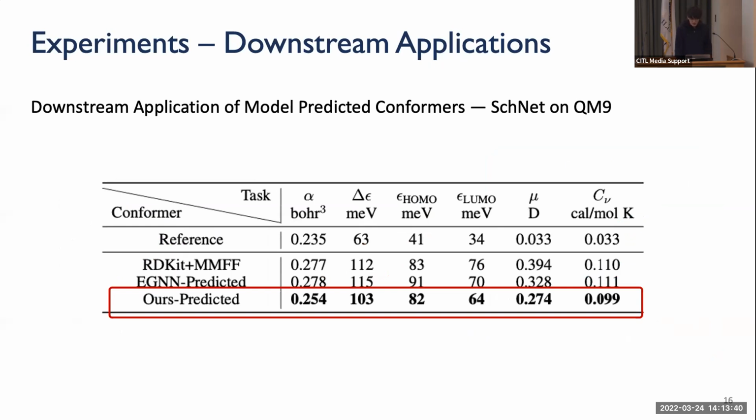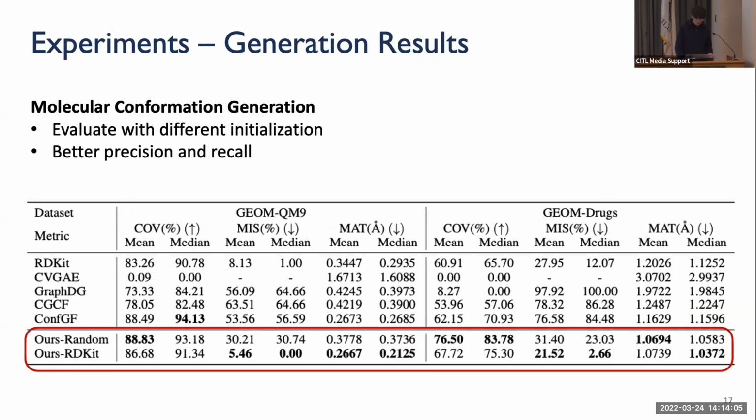And the second example is that we use predicted conformers to train a neural network, SchNet, to predict multiple quantum properties of the molecule. And we can see that with our predicted conformers, it can achieve better results compared to those models with different predicted conformers.